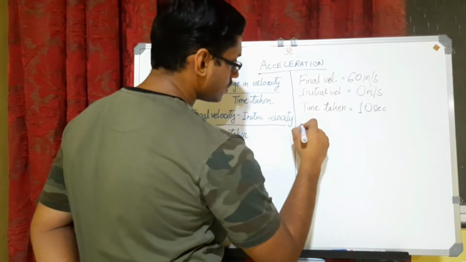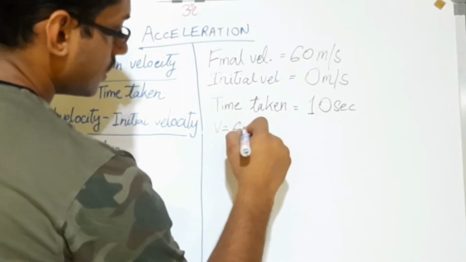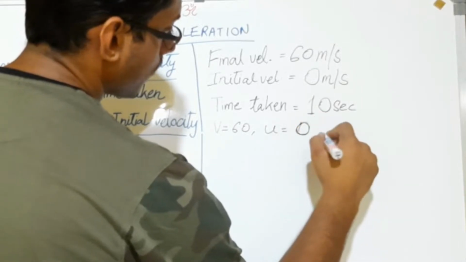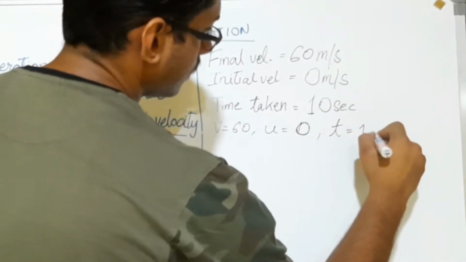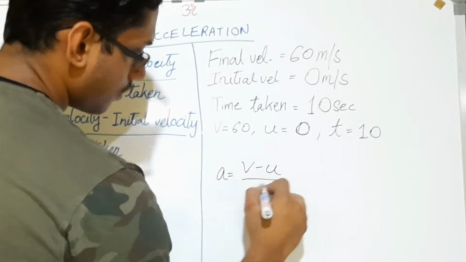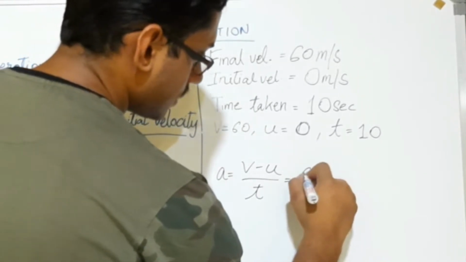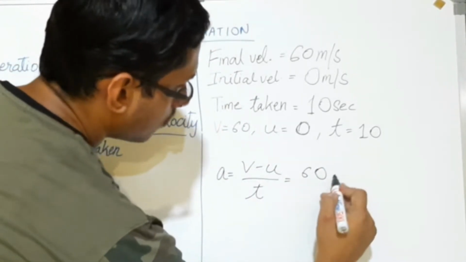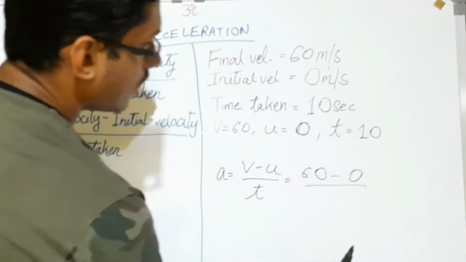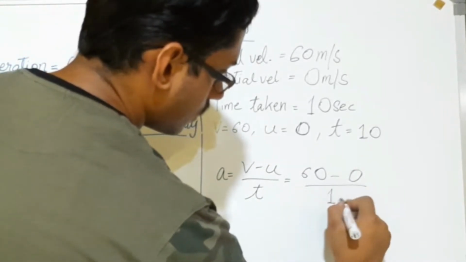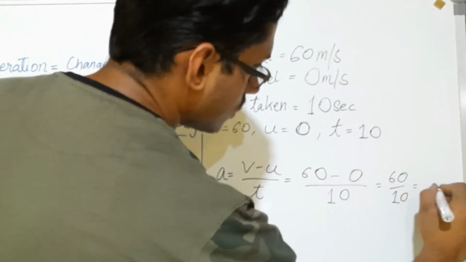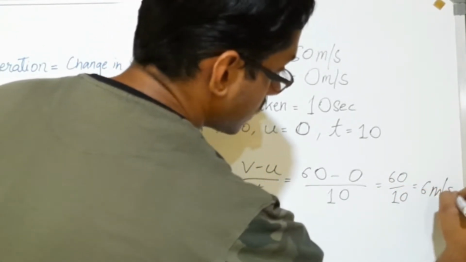First substitute it. What is v? v is 60. What is u? u is 0. What is t? t is 10. So acceleration a is equal to v minus u by t, is equal to 60 minus 0 by time 10, which is 60 by 10, is equal to 6 meter per second squared.